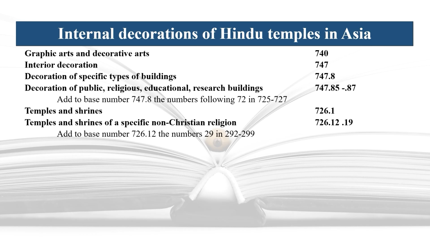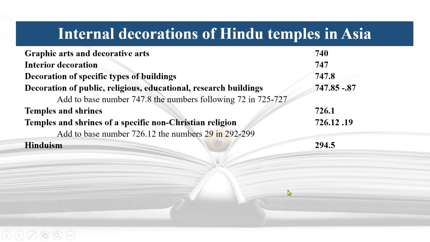One is under 747.8 and another one is 726.12. From 72 we will get the number for temples and shrines, and under there we get another instruction to move to 29 in 292 to 299, and we will get the number for Hinduism, that is 294.5.